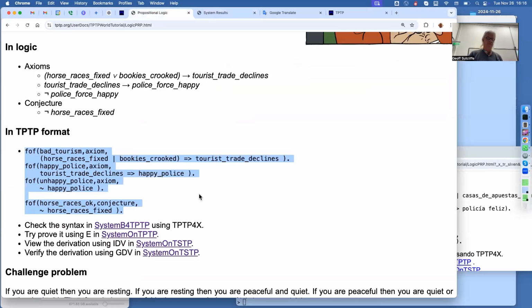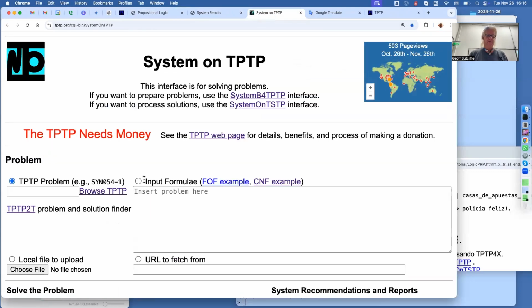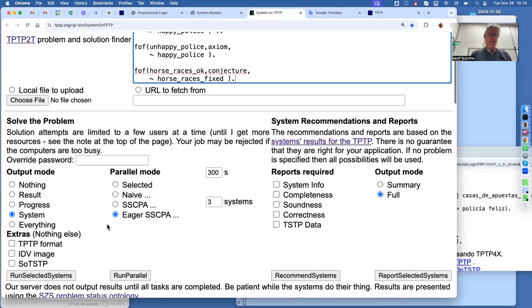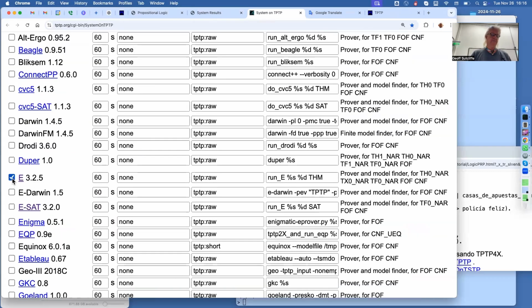How do we do the proof? We use the next interface. It's this one over here. This is the solving interface. Again, we can put the problem in here. Paste it in. And we will use E. Okay, select the E prover.